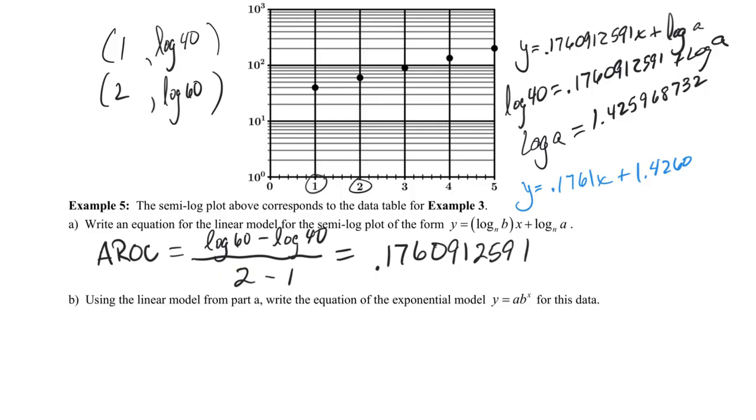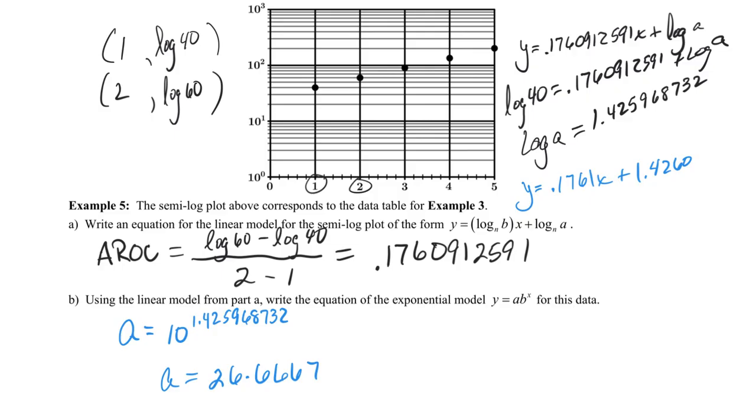What was my base that I used in my semi-log plot? Well, it was base 10. So I can take A, say base 10 to the, and take that long, nasty number that we had for A, 1.425968732, and just put that into our calculator, and we're going to get A equals 26.6 repeating, so we'll go out 4 decimal places, right?